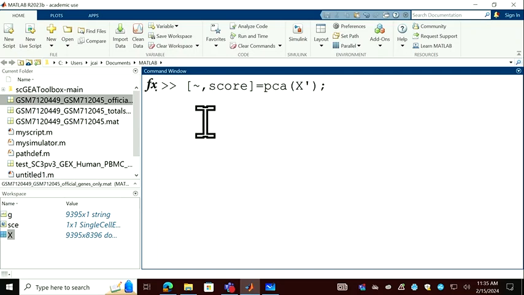The reason is this built-in function PCA takes a matrix with samples in rows and variables in columns. In my X matrix here, the samples are cells, and the cells are in columns, so I have to transpose it. This will give me the score.